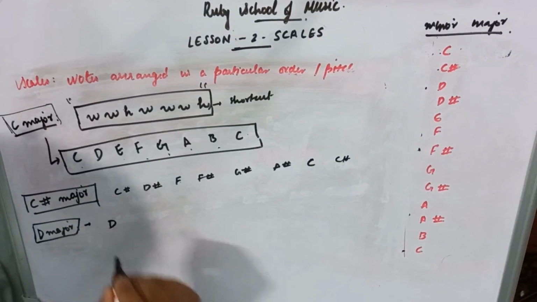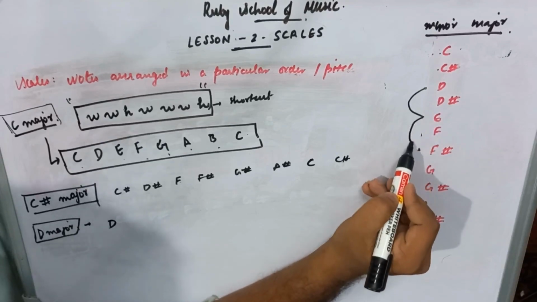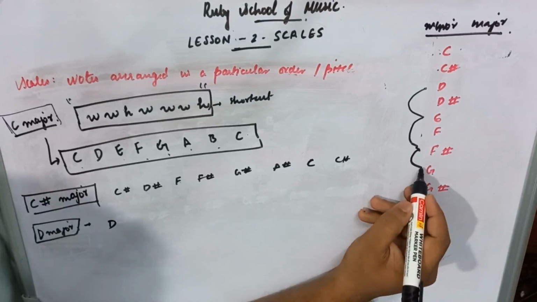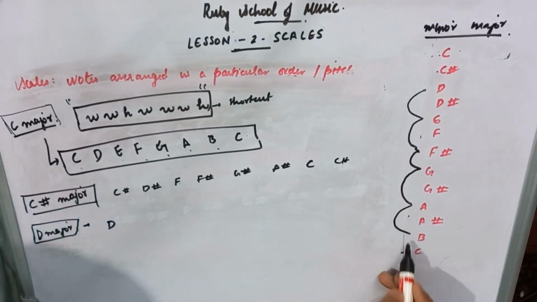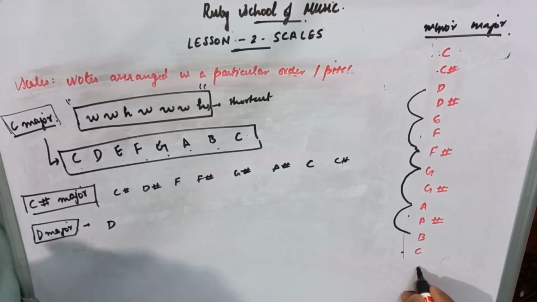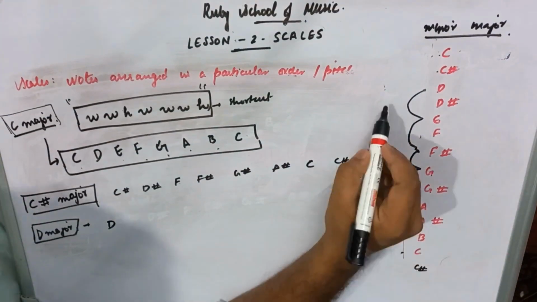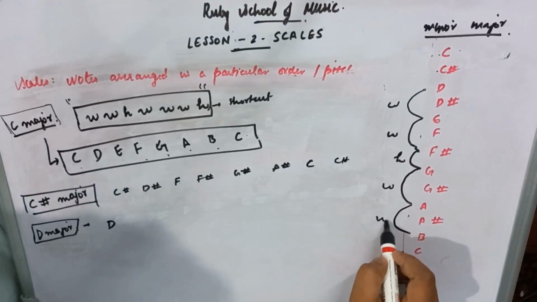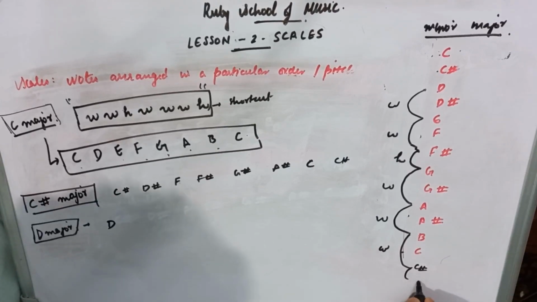So the first note will be D, then the next whole note is E, and the next whole note is F sharp, and the next half note is G, then the next whole note is A, and the next whole note is B, and the next whole note will be C sharp. It goes back, just like that. So what is this? Whole, whole, half, whole, whole, whole, and what comes next?